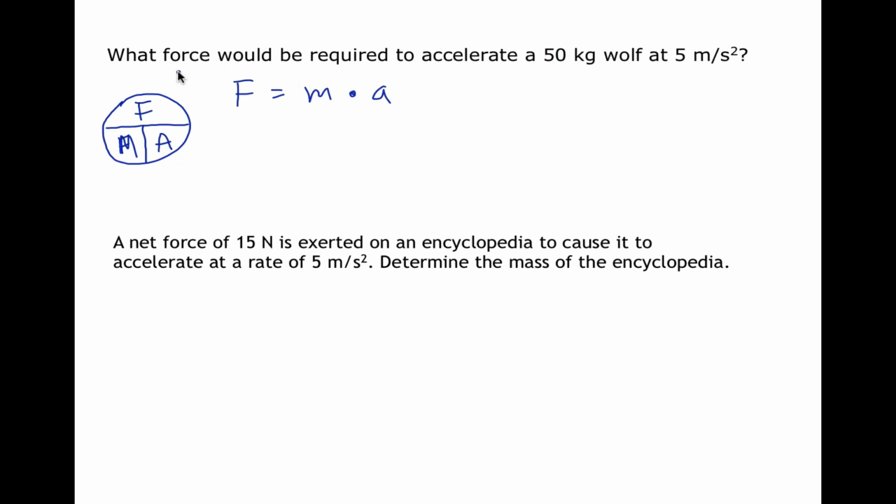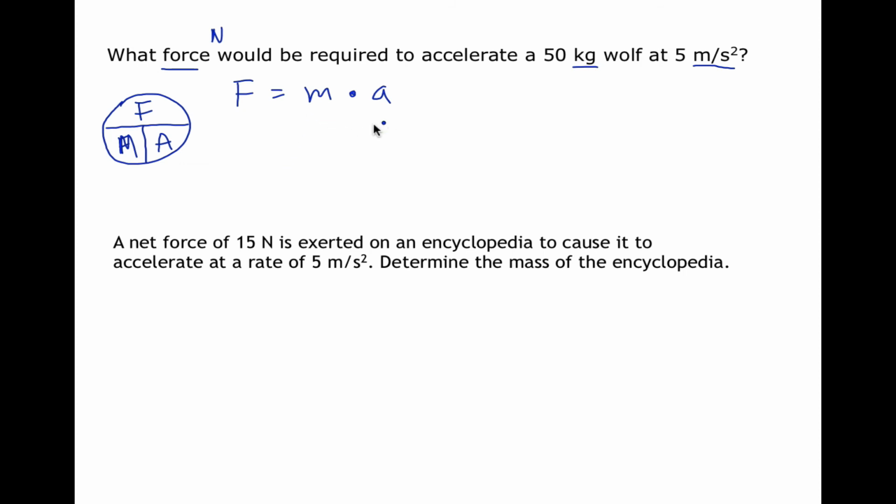So in this first question it says, what force would be required to accelerate a 50 kilogram wolf at 5 meters per second squared? Remember, meters per second squared is acceleration, kilograms is mass in this case, and force is going to be in newtons. So our answer, because we're looking for force, should be in newtons.